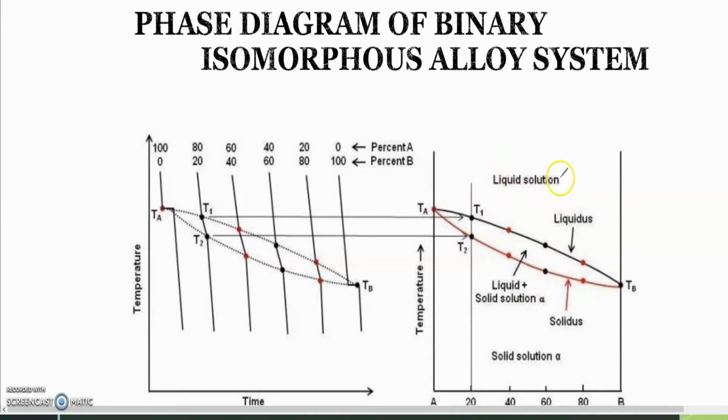Atas ni liquid solution, and the upper line is the liquidus line. Kat tengah-tengah dalam kawasan ni adalah liquid plus solid solution alpha, and this is solidus line kat bawah ni, and then solid solution alpha.